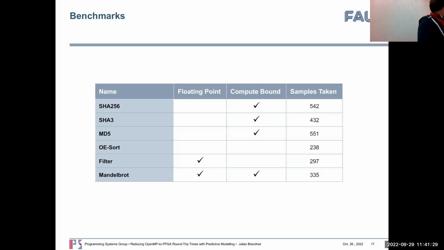So we took these. There are 3 algorithms from hashing, because hashing on FPGA is somewhat of a classic. And we have odd-even transposition sort, which is basically a sorting algorithm optimized for FPGAs. Filter is your 2D image convolution, and Mandelbrot is the famous fractal that's a staple in benchmarking parallel systems.